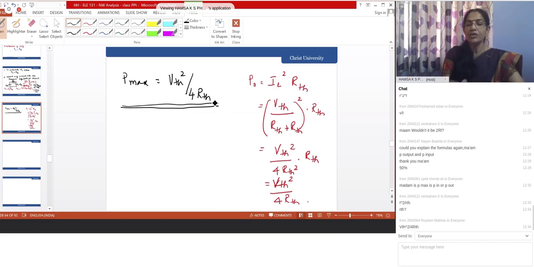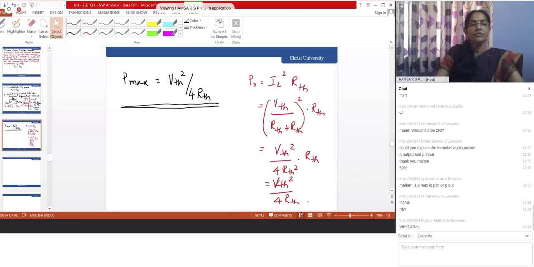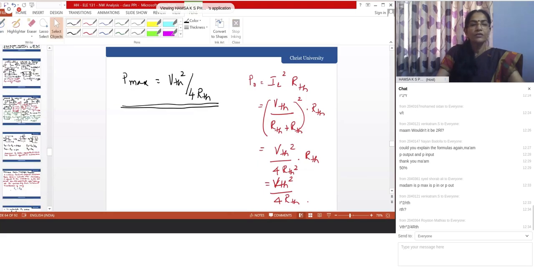For any circuit, as I told you, we first convert it into its Thevenin equivalent. So we know the VTH value and the RTH value, just substitute in the equation and get the maximum power. Okay, so I will again go back to that circuit.